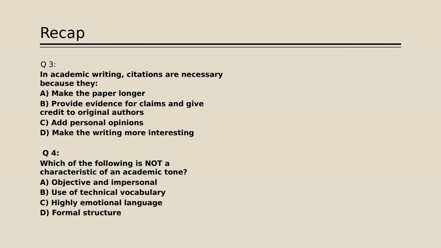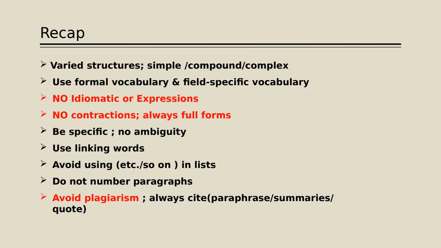And the last one: which of the following is not a characteristic of academic tone? Objective and impersonal, technical vocabulary, highly emotional language, formal structure. Yes, right. Highly emotional language is not a feature of academic writing.